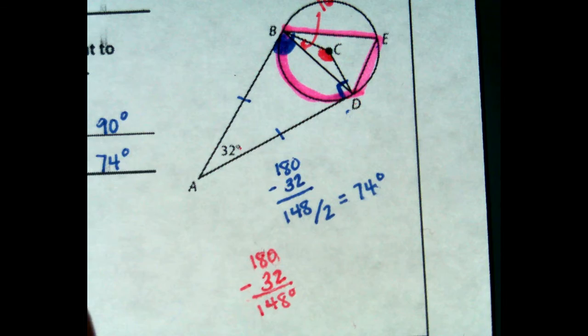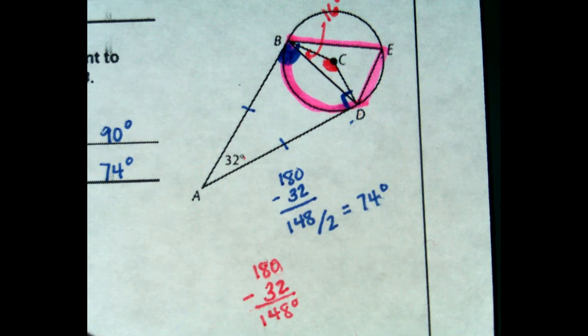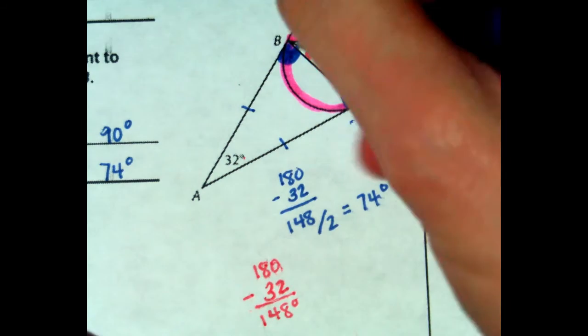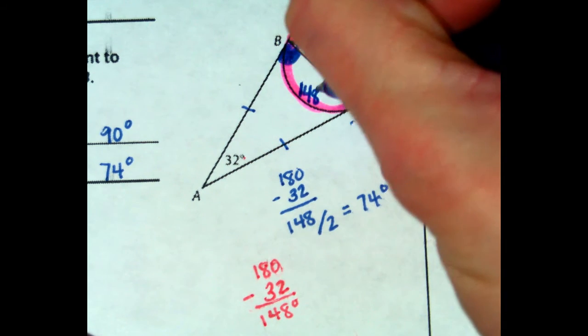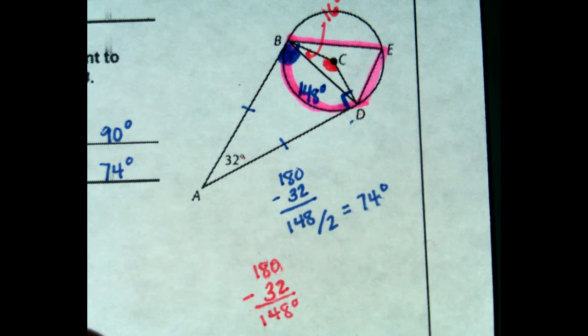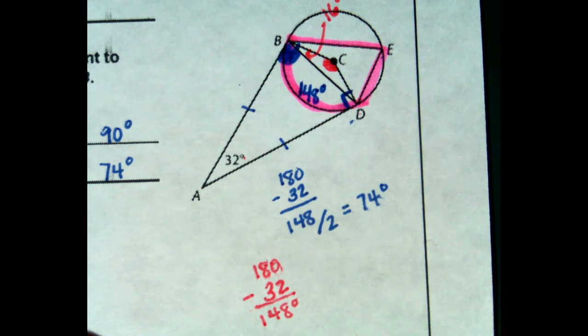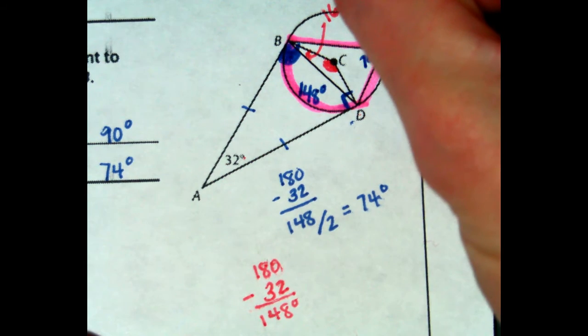We do. Not 2 times C. The central angle and the arc are what? The central angle and this arc are the same. This arc is 148 degrees. What does that mean about this inscribed angle? It's half. What is BED? 74 degrees.